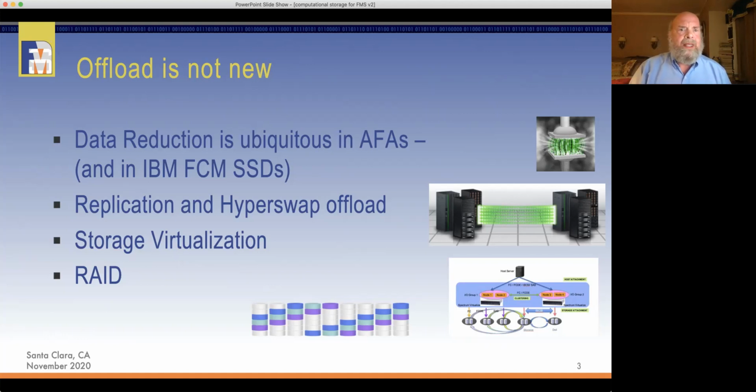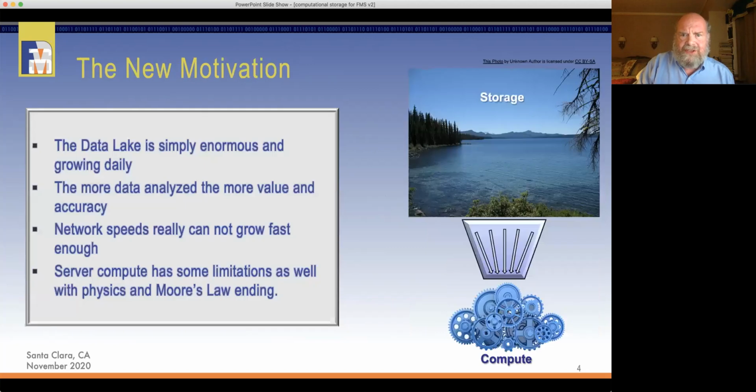Now, what we're talking about with computational storage is taking offload and accelerators really to a new level. It's being able to use it in ways that go beyond just storage services. So what is the motivation really for extending offload, for having more acceleration than what we have today?